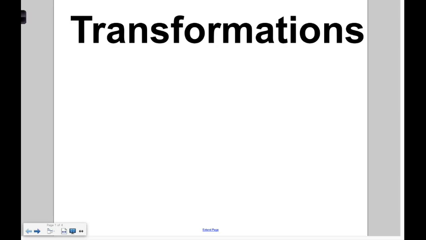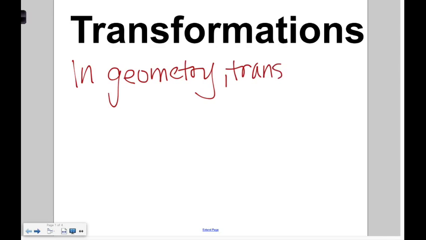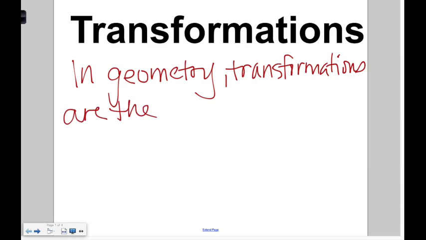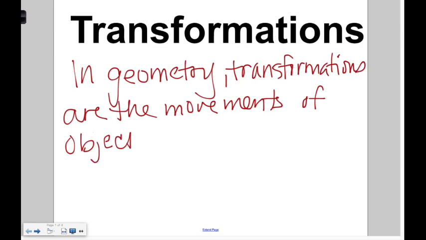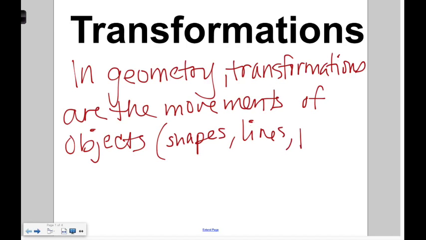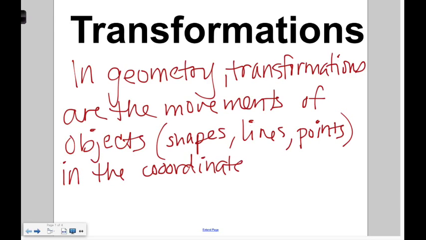On your paper you'll see a section that says transformations, and what we're going to write for our definition is, in geometry, transformations are the movements of objects, and these objects could be shapes, they could be lines, they could be points, anything you could put on a coordinate plane, in the coordinate plane. So hit pause and get that copied.